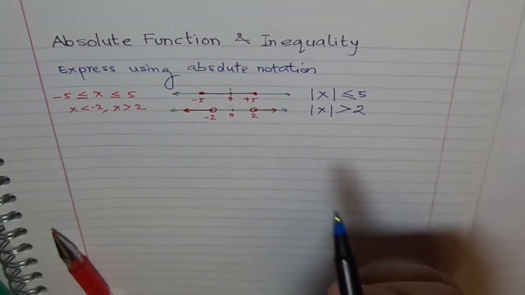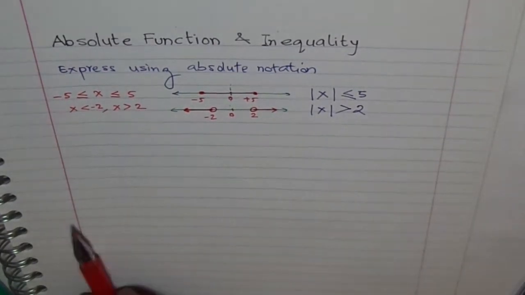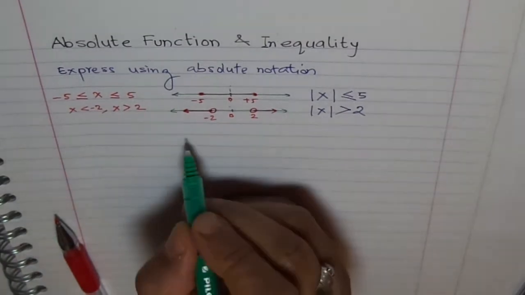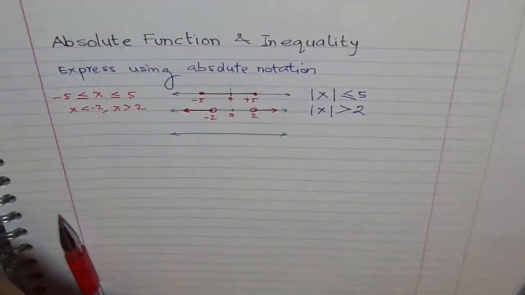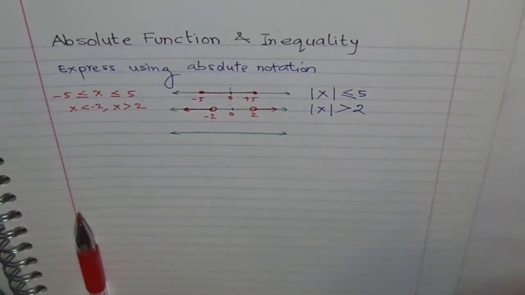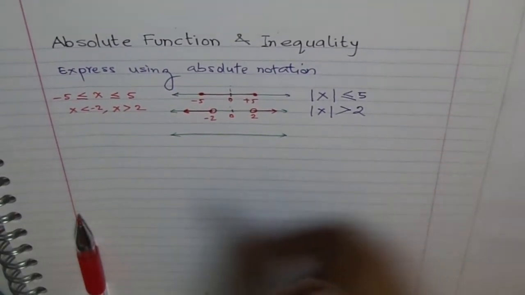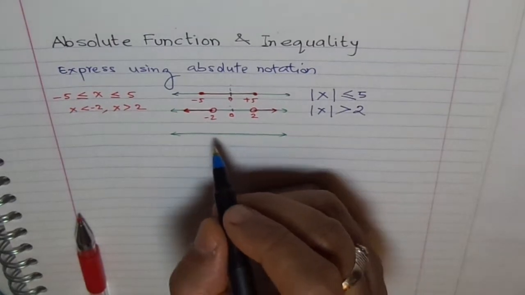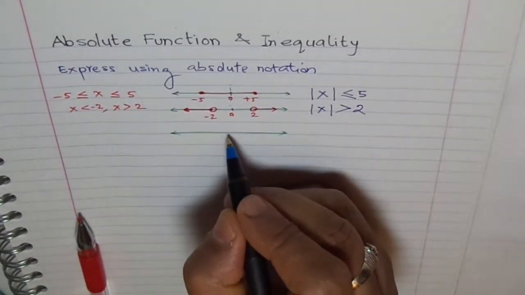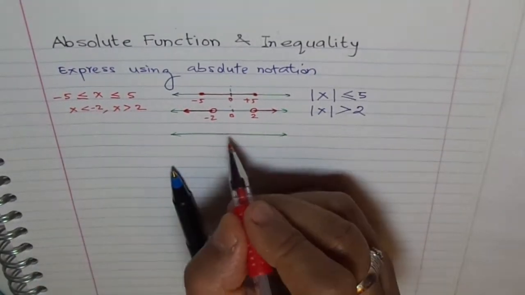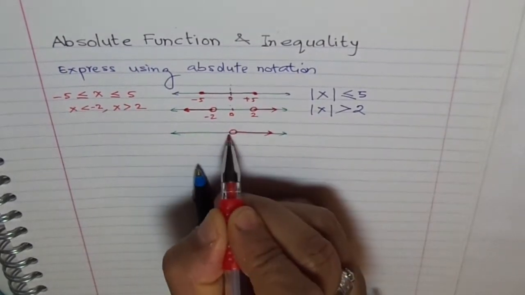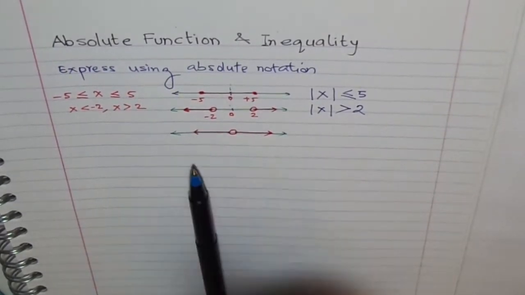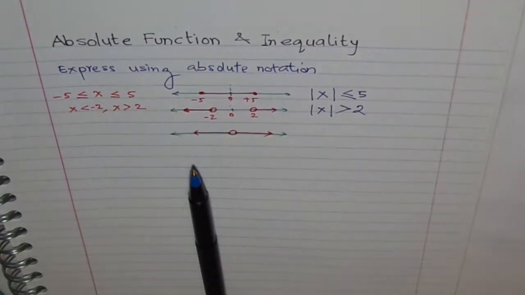Now let's think like this. Let's do some more in similar fashion. But this time let me start with a number line. Now in a number line, I'm trying to say that x is everything but not 0.